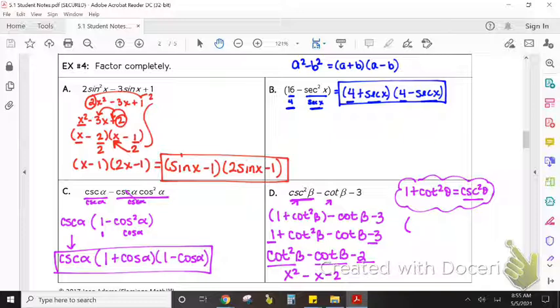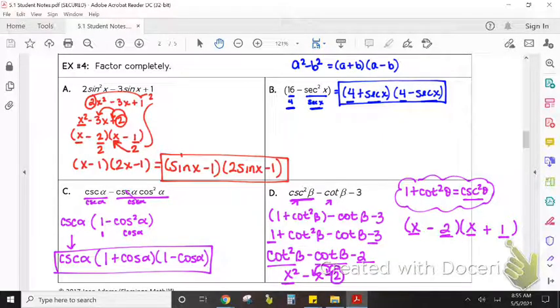So when I go to factor that, remember your first 2 terms here, we're going to have to multiply to give you that x squared. So x and x. Your last 2 terms here are going to have to multiply to give you 2, but they also need to subtract to give you the 1 right there. So it's going to be 2 and 1. We need it to be a negative 1, so it's going to be a minus 2 and a plus 1.